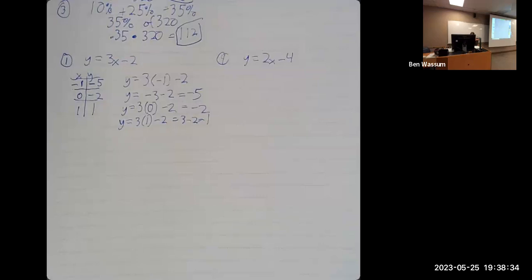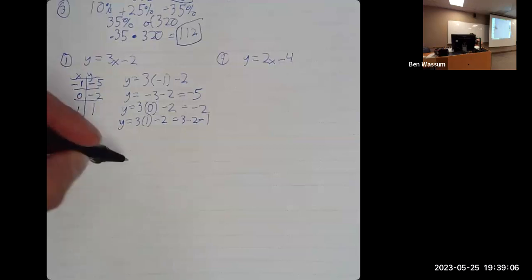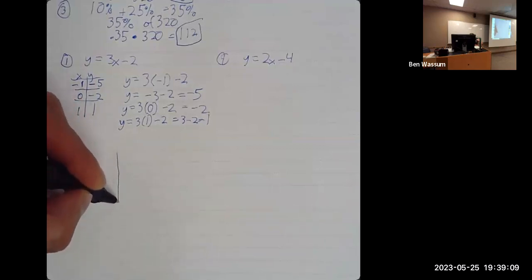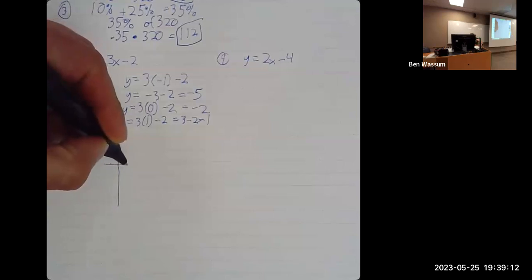Now, when it comes to drawing your graph, some people do it one way, some people do it another way. I'll show you the way I do it. The way I do it's kind of lazy, I'm not going to lie. But what I end up doing is looking at the ranges of numbers I have over here. So my X values only go from -1 to 1. My Y values are as low as -5 and as high as 1. So when it comes time for me to graph this, I'm not going to need a whole lot of room left to right.